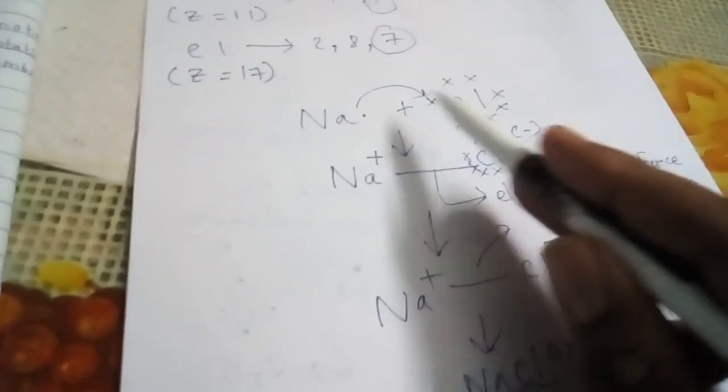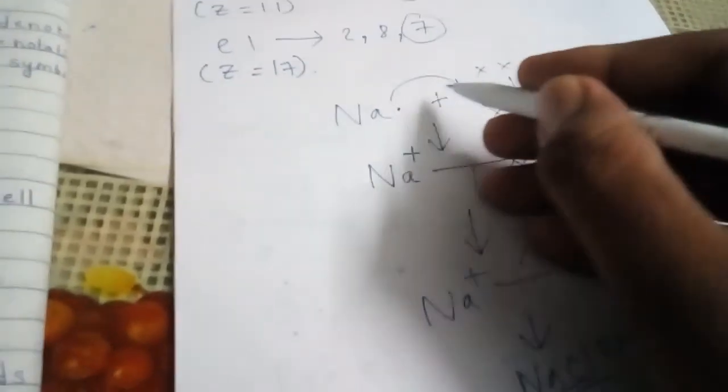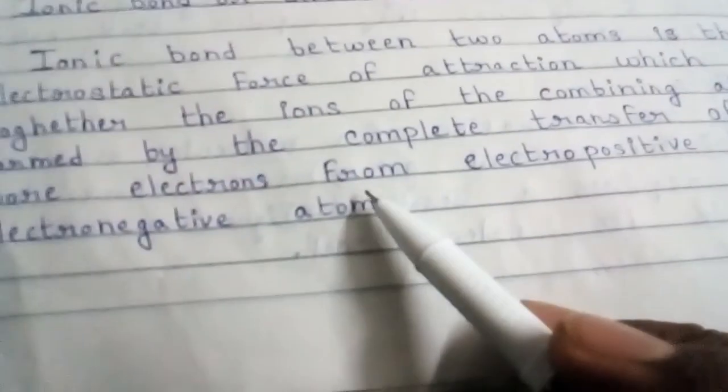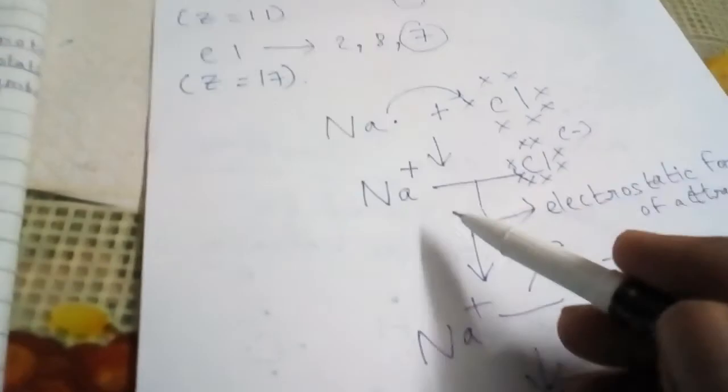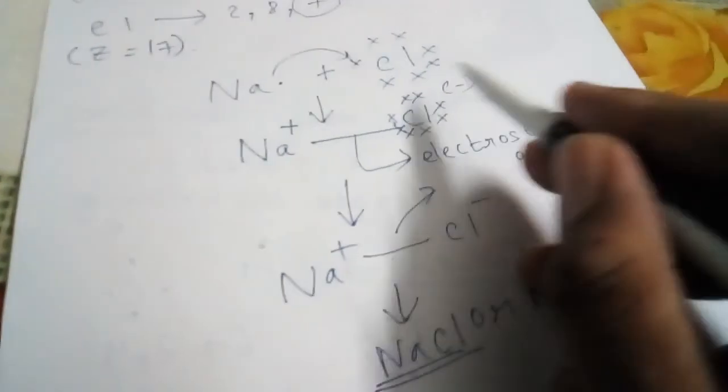Here Na is transferring one electron to chlorine. This is called complete transfer of electron, not sharing. The electron goes from an electropositive to an electronegative atom. Na plus is electropositive, and chlorine, to which it transfers, is the electronegative atom. This is called the ionic bond.